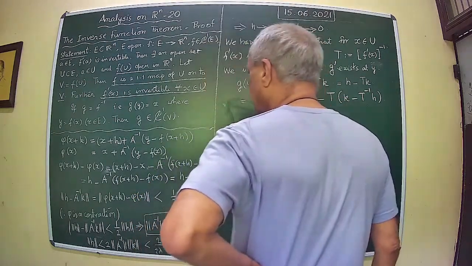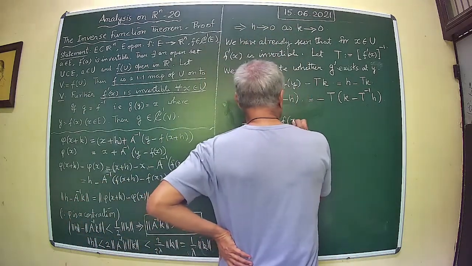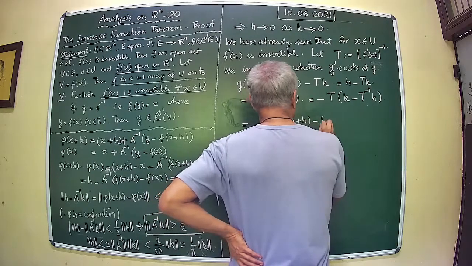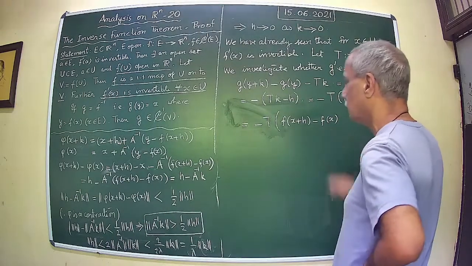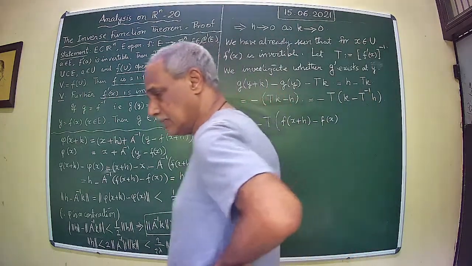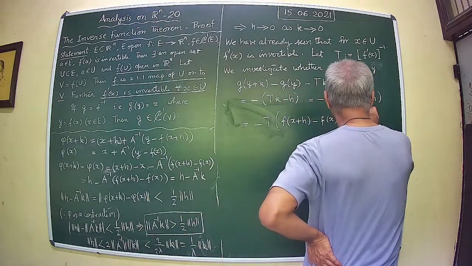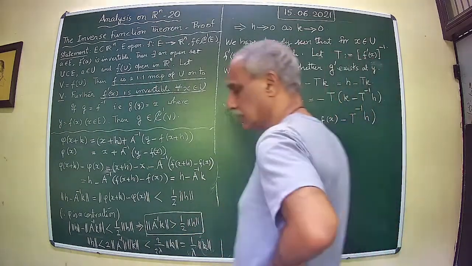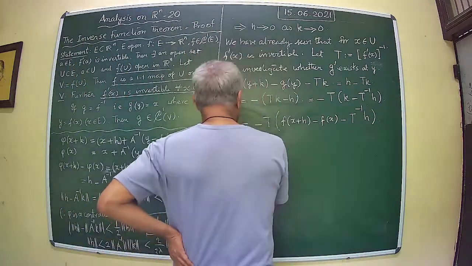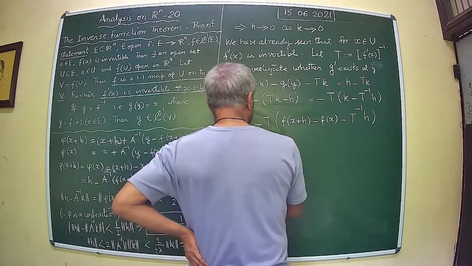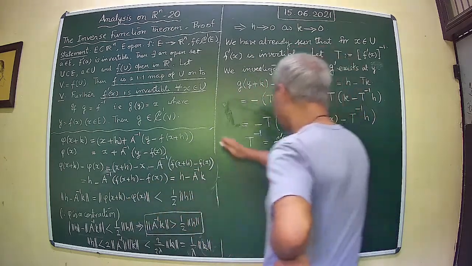K is by definition f of x, that is y plus k minus y, minus T inverse h. But what is that? T inverse h is equal to f prime of x. So we will use that.